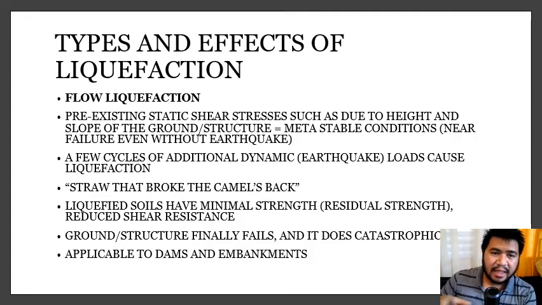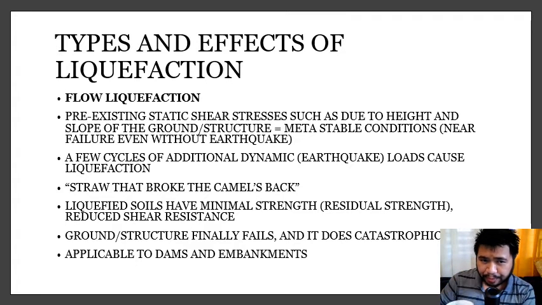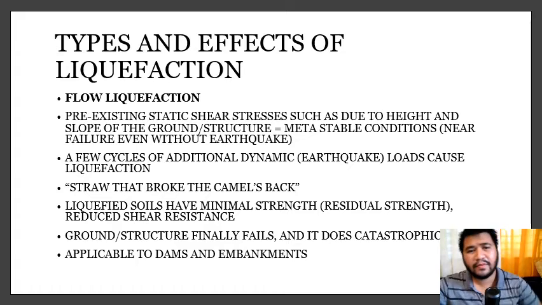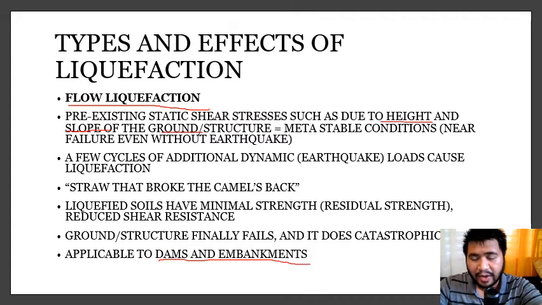Now we have different types of liquefaction. First, we have what we call the flow liquefaction. Basically, this one occurs in structures or ground that are sloping or are actually high, especially applicable for dams and embankments where you have great heights.